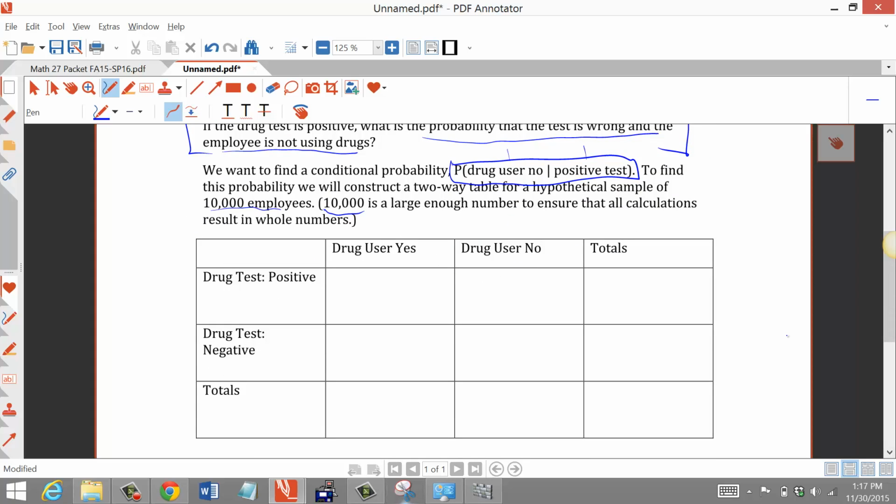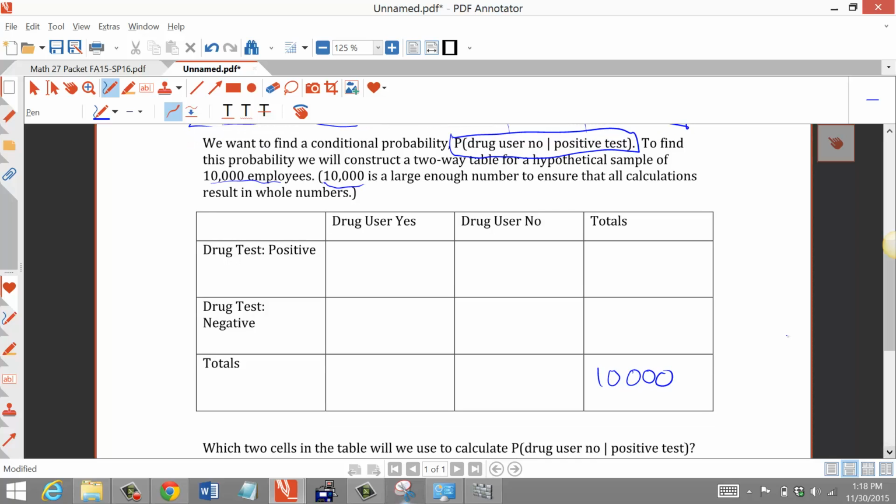And so we just imagine that there's 10,000 total. Okay, and we assumed that there were 4% of them who were actual drug users. So we're going to take 4% of this 10,000 and write that right here. And that's actually 0.04 times 10,000, right? So I just convert this percentage to a decimal by moving the decimal point 2 places to the left, and then I multiply.